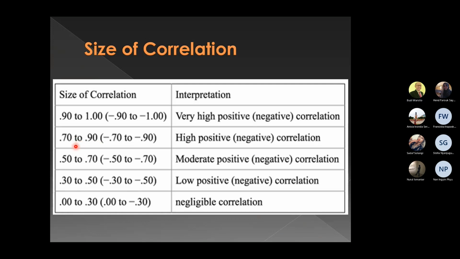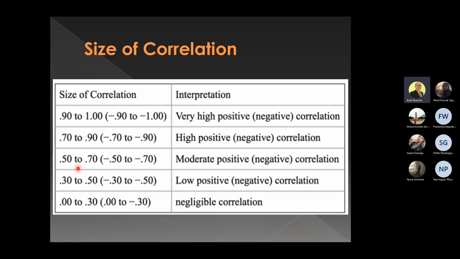Okay, when the value is between 0.7 and 0.9, they have a high positive correlation, and when the value is from minus 0.7 to minus 0.9, it means that they have a high negative correlation.